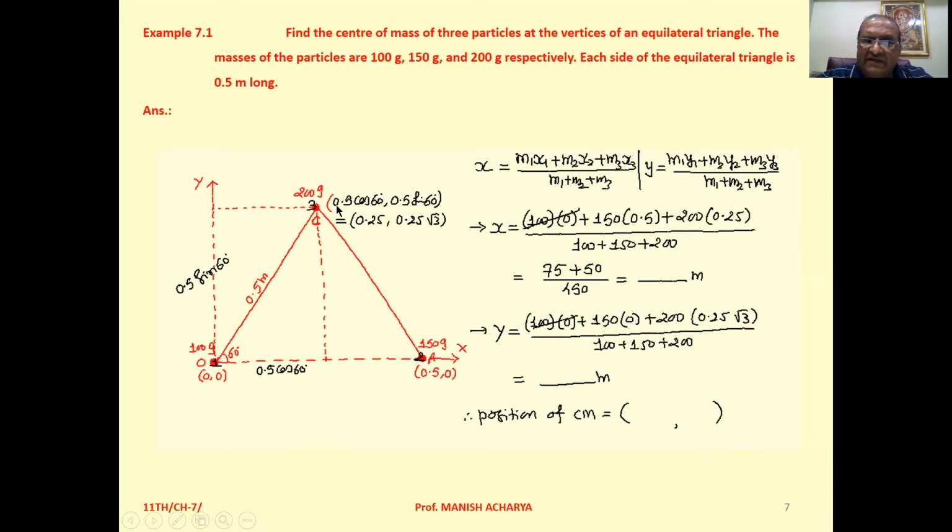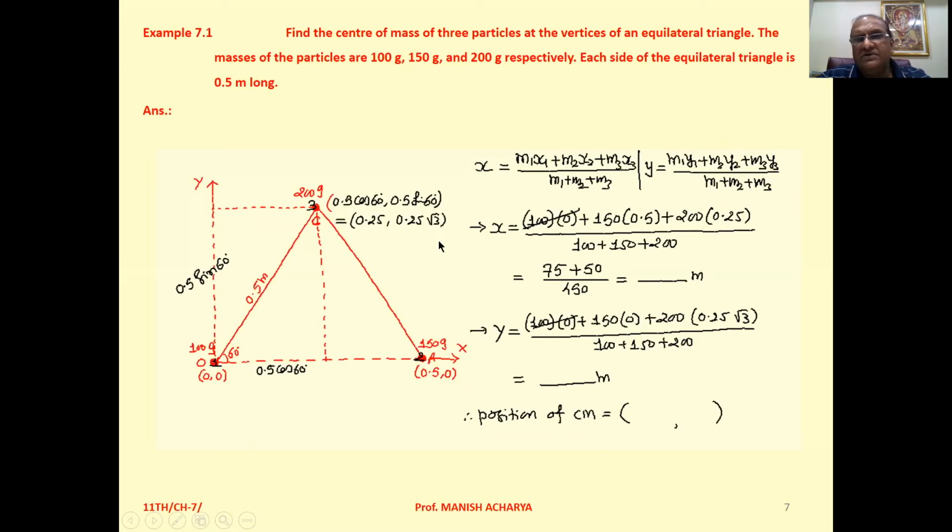So x3 is 0.5 cos 60, y3 is 0.5 sine 60. Cos 60 is 1 by 2, so 0.5 into 1 by 2 is 0.25. Then 0.5 into root 3 by 2 is 0.25 root 3.